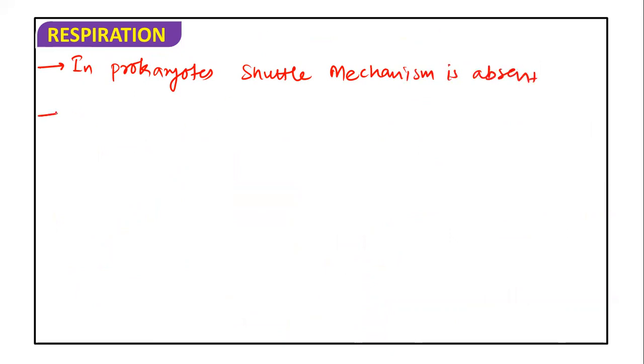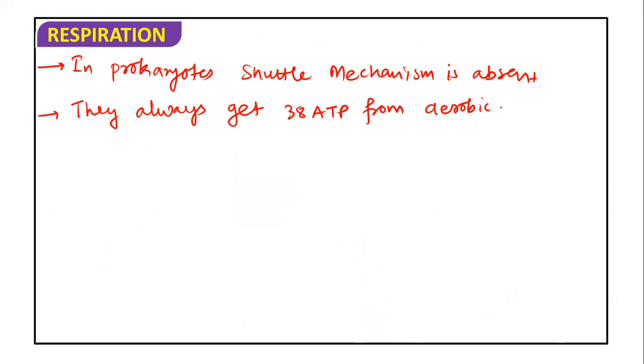So they always get 38 ATP from aerobic respiration of one glucose. Okay, so this is what we can say about the shuttle system. Okay, so that is all about the shuttle system.